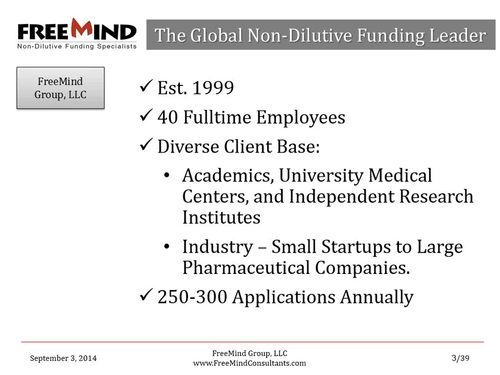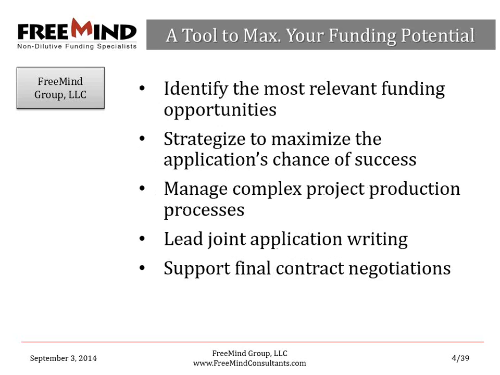Our clients include academics, research institutes, and university medical centers, as well as companies from small startups of 1 to 2 people to medium-sized and large companies, all the way up to the largest of companies, including many of the large pharmaceutical companies. The Free Mind Group is basically a tool to help you maximize your non-dilutive funding potential.